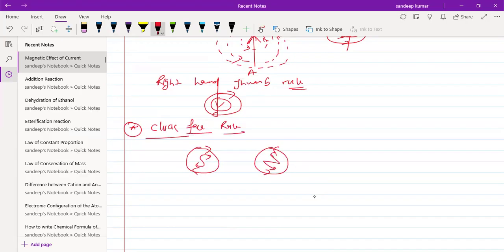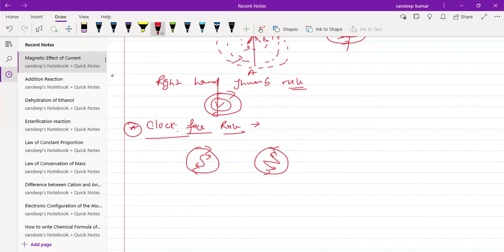This rule states that if in a circular loop the direction of current is clockwise, it behaves as a south pole, and if the current is flowing anti-clockwise, it behaves as a north pole of a magnet.